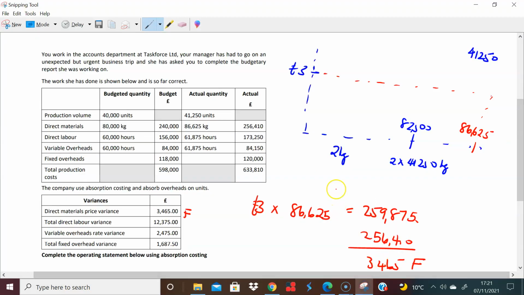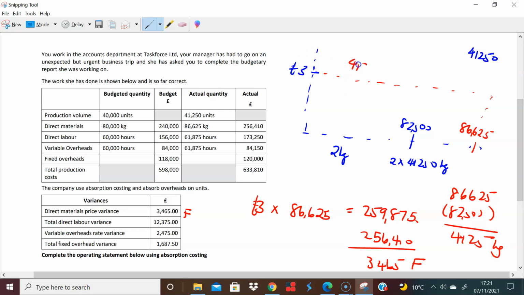Let's look at the usage variance then. You were supposed to use 82,500. You've used 86,625. So how many extra kilograms have you used? 86,625 minus 82,500 gives you 4,125 kilograms at £3.